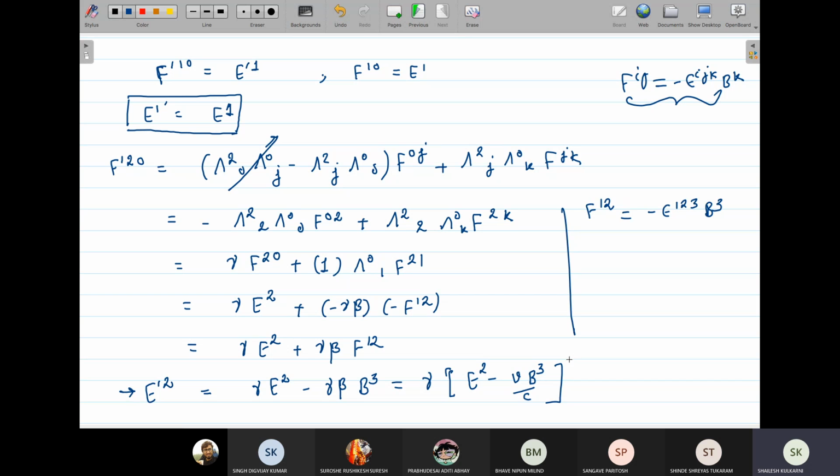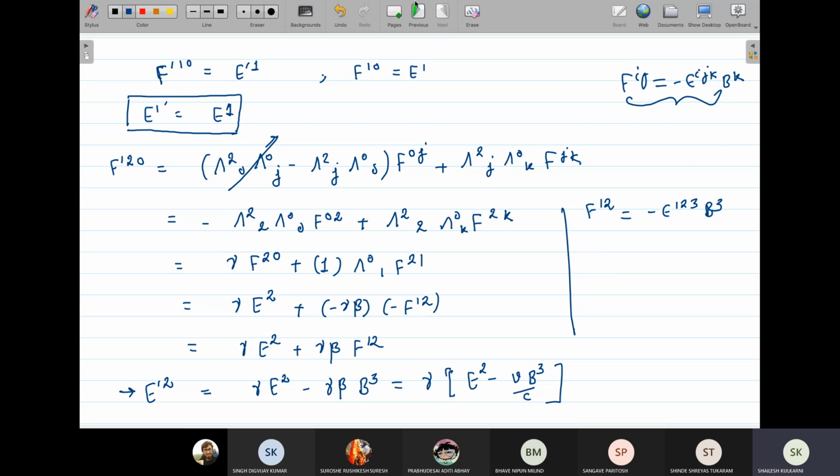Is that clear? Okay. Your transformed electric field is now subtracted from your original field. It is the subtracted field in the sense that you have to subtract something from your original field. Okay, and then you have to multiply by gamma.